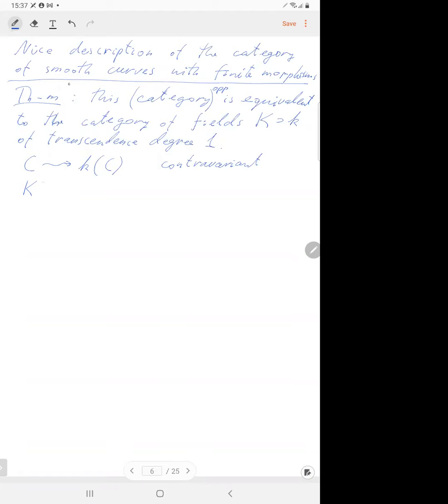But the claim is as follows: that as a set, this C is just the set of all discrete valuation rings inside K. Okay. And the topology is just the Zariski topology. In this case, it is the most stupid one. So all closed subsets are finite.